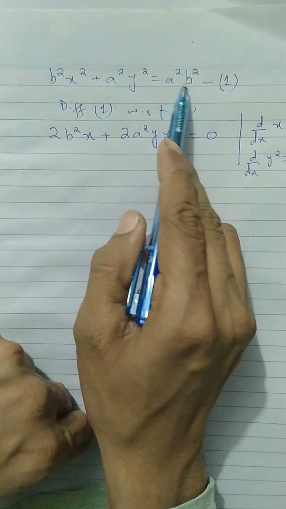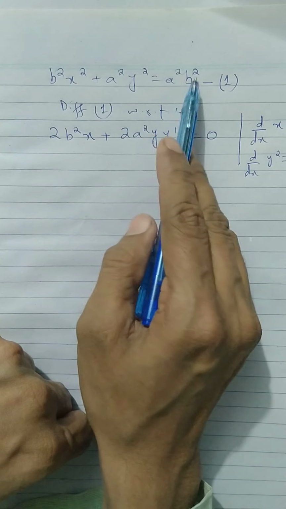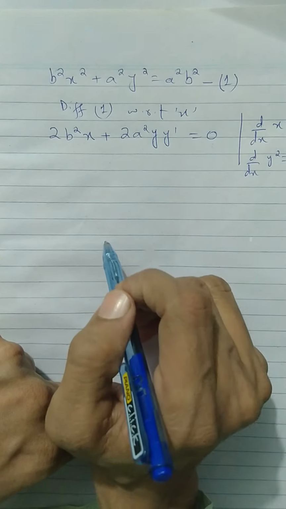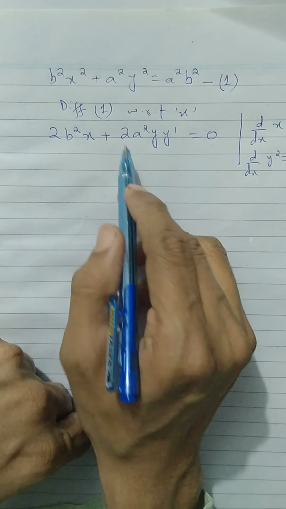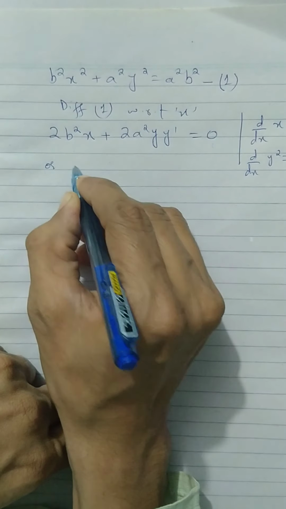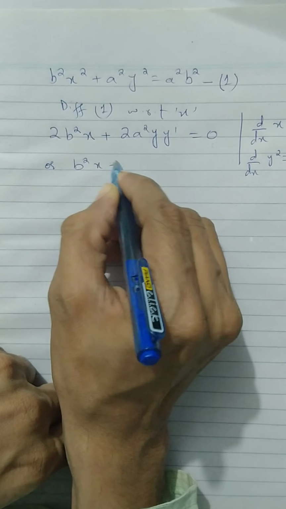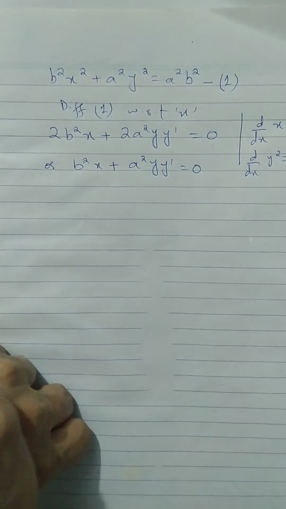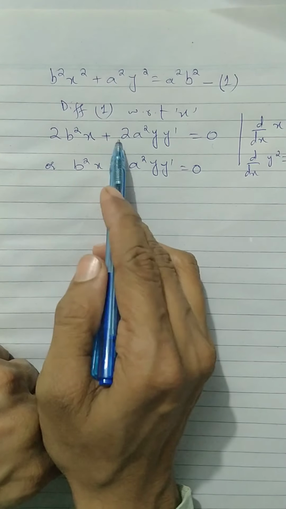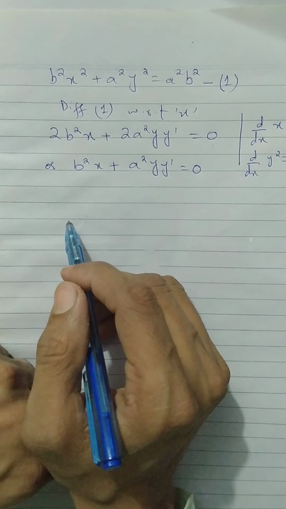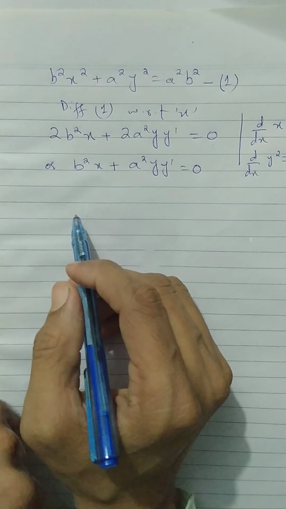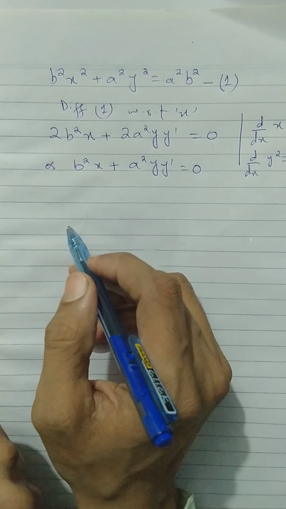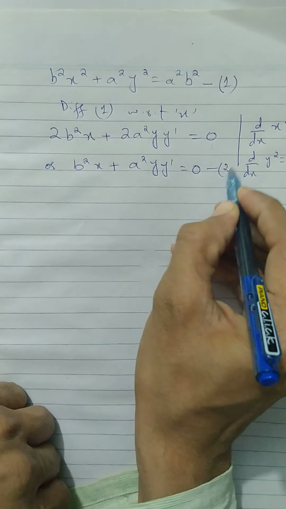The derivative of the constants, these arbitrary constants, is equal to 0. I'm taking 2 as common, so we can rewrite the equation as b square x plus a square y into y dash equals 0. This is equation number 2.